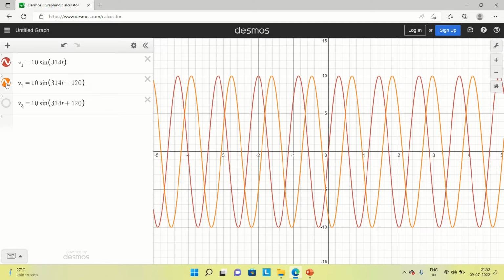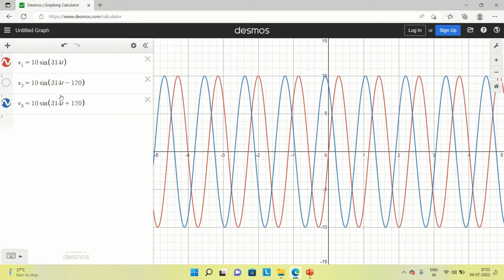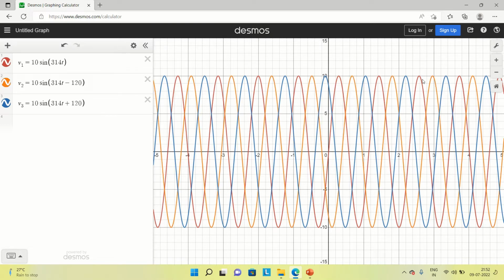Then coming to red and blue, this blue color waveform, that is B phase, is leading red color waveform by an angle of 120. That is what this 120 represents here. So this is what three phase waveform.